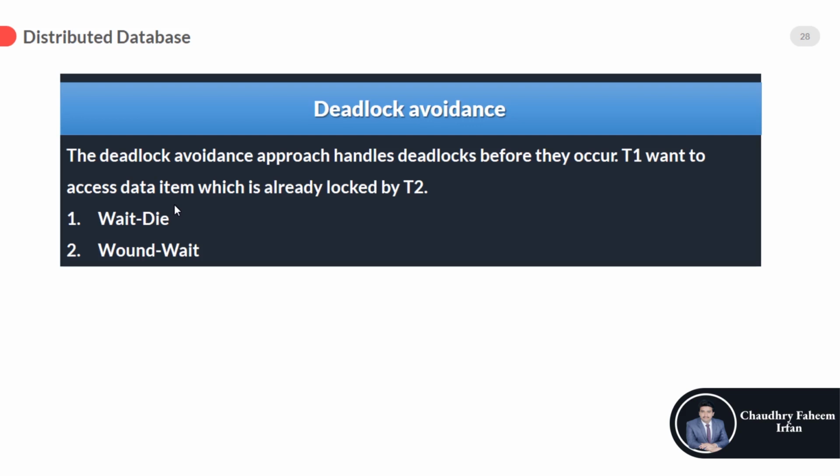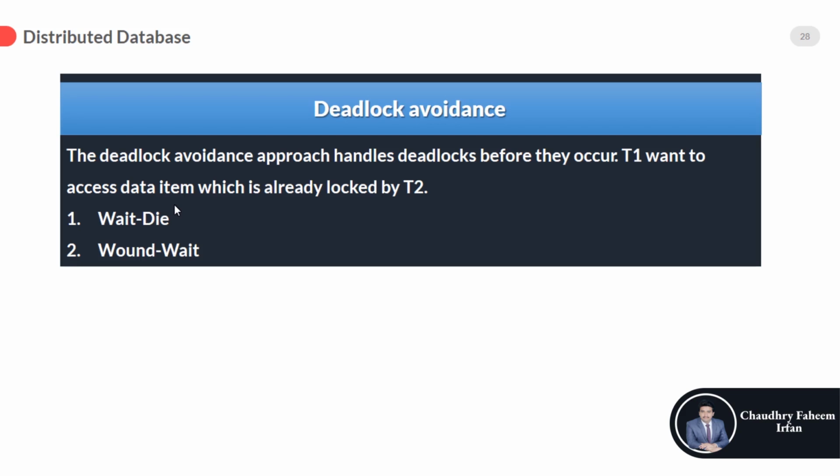Transactions start executing and request data items that they need to lock. The lock manager checks whether the lock is available. If it is available, the lock manager allocates the data item and the transaction acquires the lock.